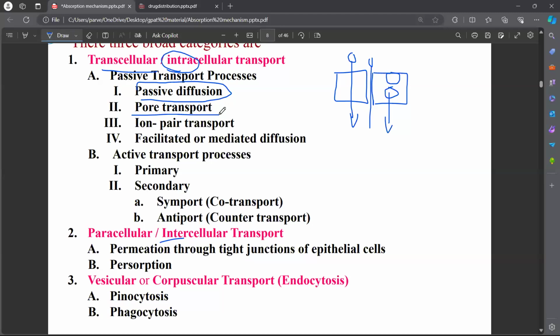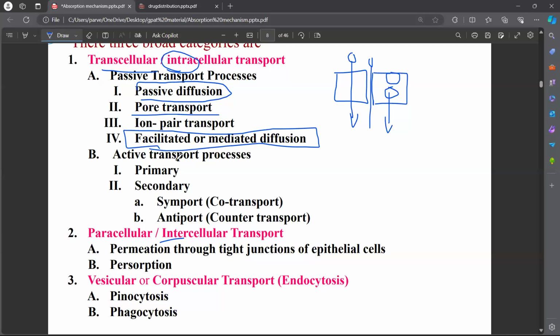Come on, guys, revise your concept. Yeah, great. Hydrostatic pressure. Great. And for facilitated or carrier-mediated diffusion, the carriers are involved. Here also, based upon the concentration gradient only, the facilitated transportation occurs, but without utilizing energy.